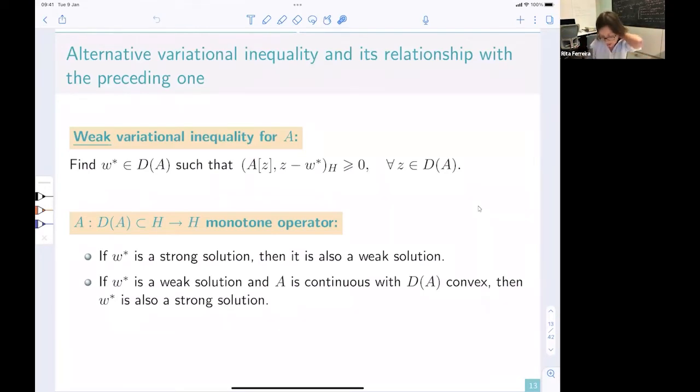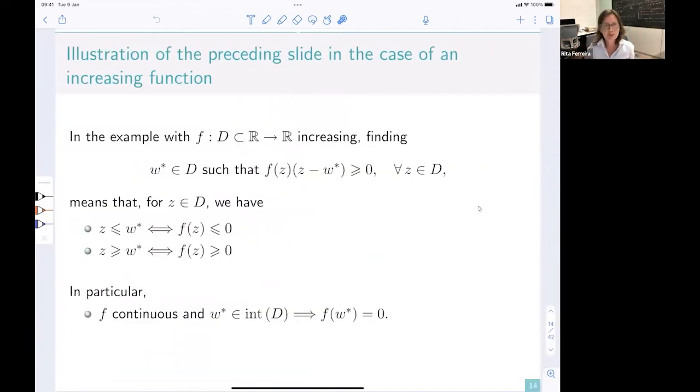But let me stress again, because this is what we are going to see when we translate these ideas into mean field games: the main difference is here, A is evaluated at an arbitrary point in the domain of A, not at the point that we are looking for, the solution that we are looking for. And just for us to go back, that's why I was giving the simplest example that we can come up with for a monotone operator.